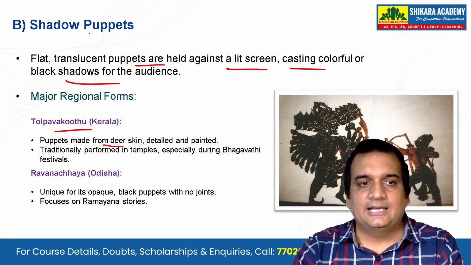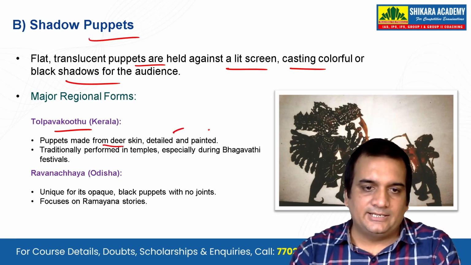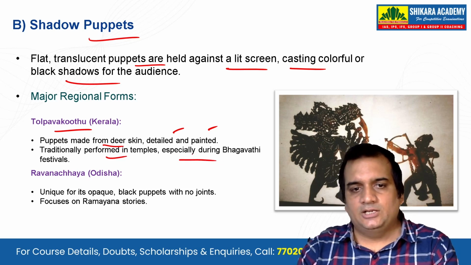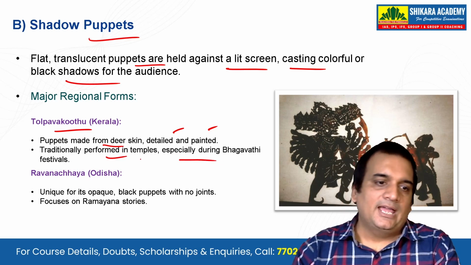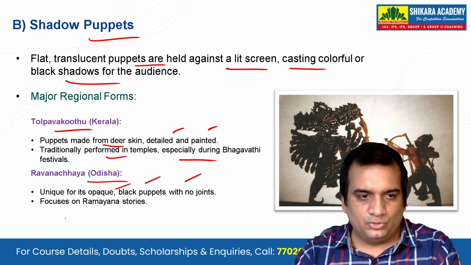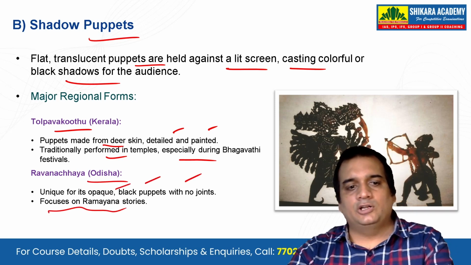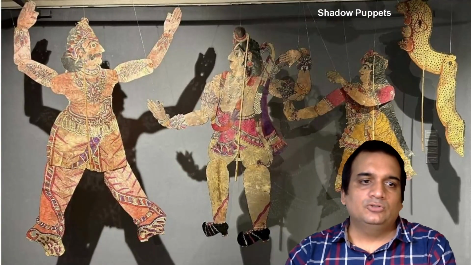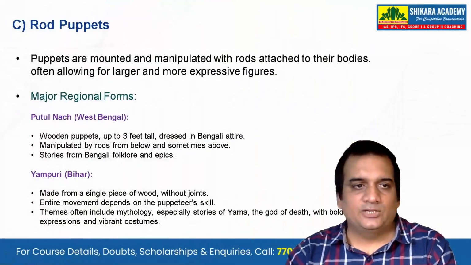Obviously these are made from leather, please remember that. Detailed and painted, traditionally performed in temples, especially during Bhagavathi festivals. And Ravana Chaya in Odisha, unique for its opaque black puppet with no joints, focuses on Ramayana stories. That is for Ravana Chaya in Odisha. So this is the example of shadow puppets that you can see here.